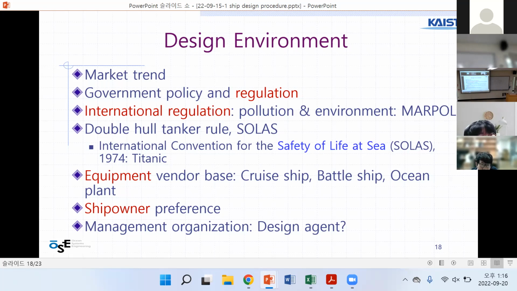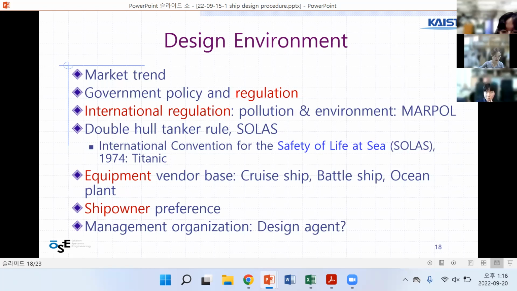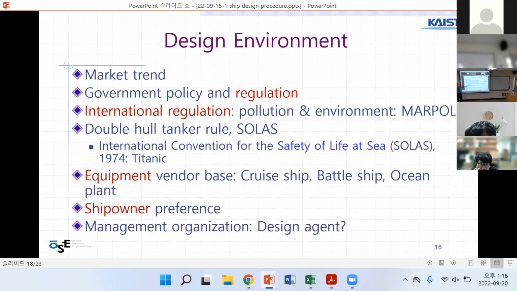You need to select a good one: cheaper, reliable, good shape, strong enough, works quicker. So this is selection. The equipment vendor is something like that. For a ship, you need to buy millions of pieces to make it. So equipment production is very important. For a cruise ship, a battleship, an ocean plane, it is more complicated.